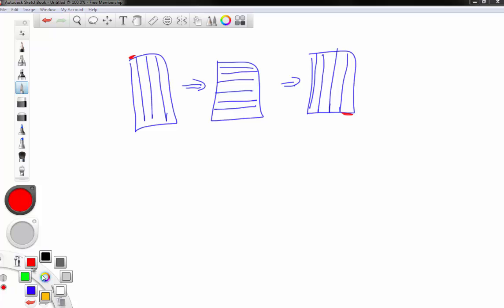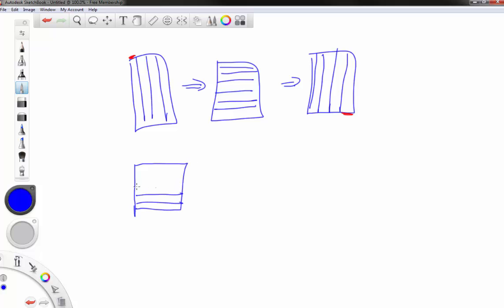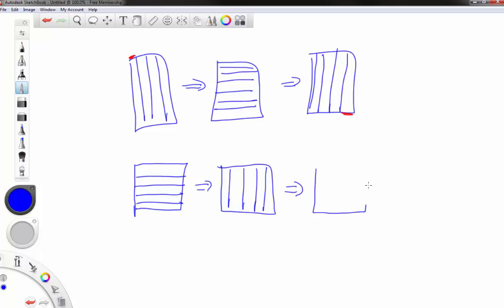Okay. On the other hand, it's entirely possible that you could start off with something like this, where you're initially horizontally oriented, and then 90 degrees later you have a total vertical orientation, and then 90 degrees later again you're back to having a horizontal orientation. And you can see what's going to happen here.